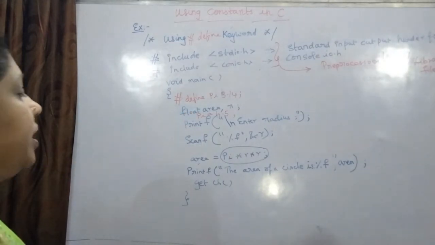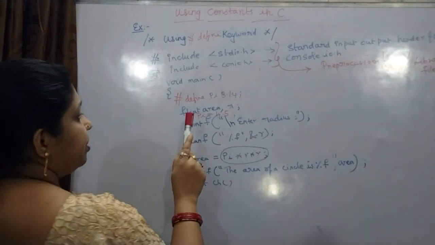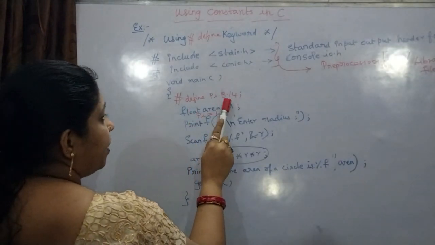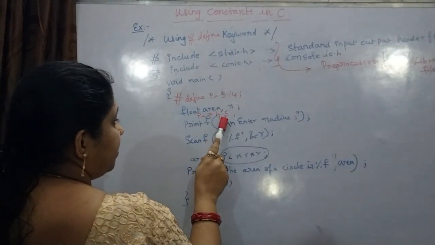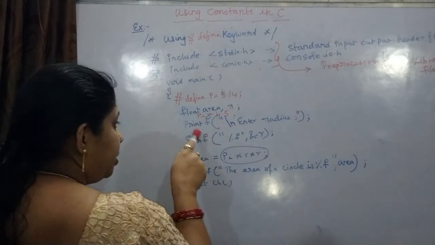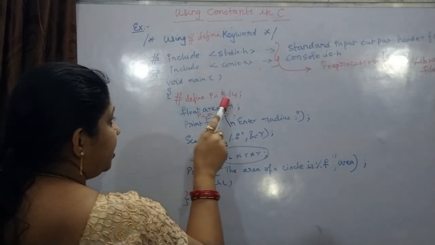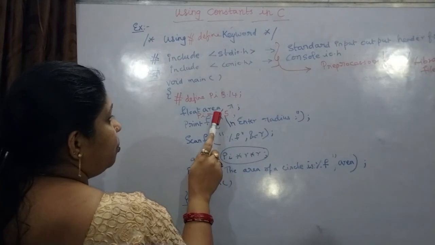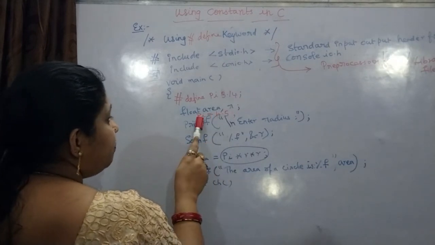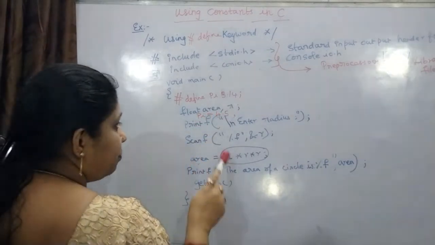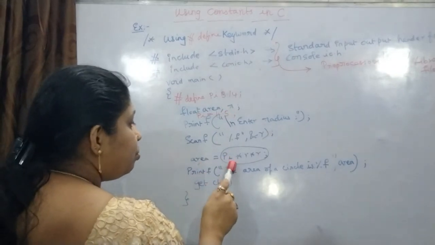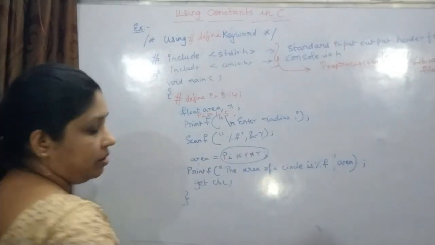What I mean to say is, if I change the pi value from 3.14 to 4.5 after defining it, will this 4.5 be used here in the area?